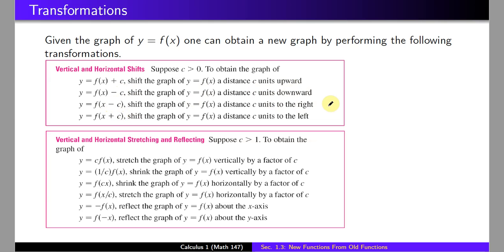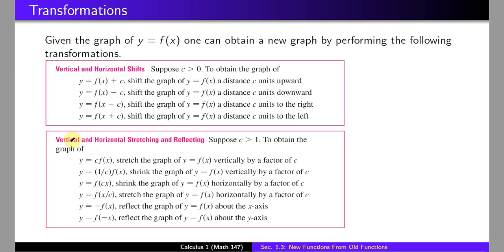Things are going to act kind of counterintuitively here. So if you're subtracting c and c is positive, you're actually going to go to the right by c units. If you're adding c and c is positive, then it's going to be going to the left. So it acts opposite when you're doing things inside of the function, and it acts the way you think it would act if it's outside of the function.